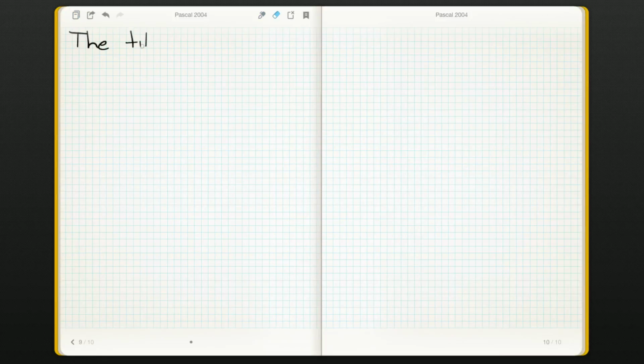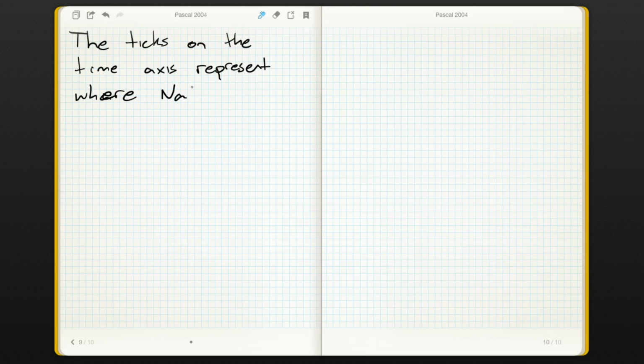So the ticks on the time axis represent where, or when, Nadia is.